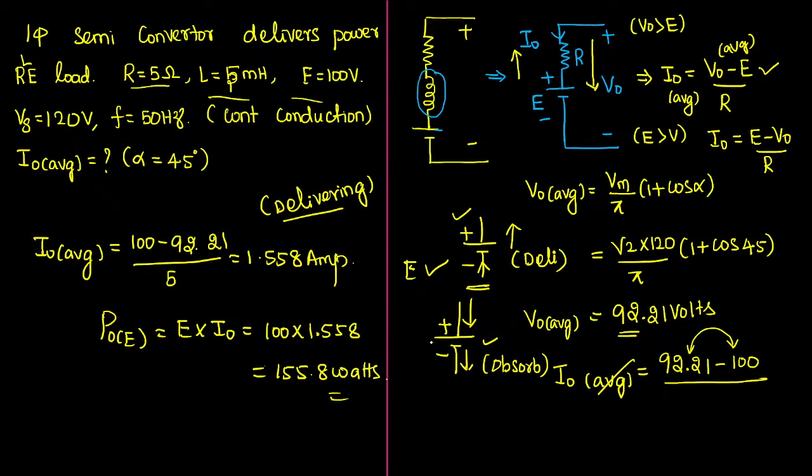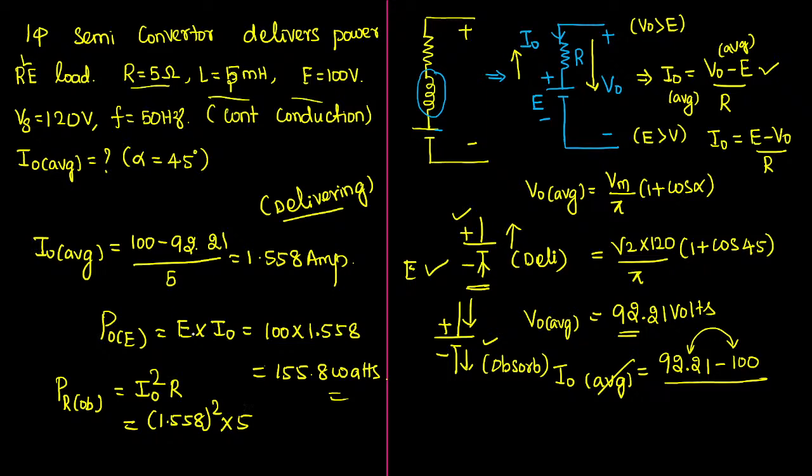Okay. Now what is the power dissipated across the resistor, or power absorbed by the resistor? It will be simply the current flowing through the resistor squared times R. How will you calculate the current? The current flowing through the resistor is 1.558, squared, and the value of the resistance is 5. So if you square 1.558, you should multiply it by 5.